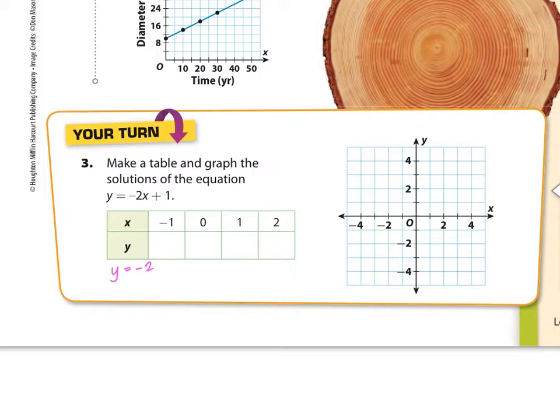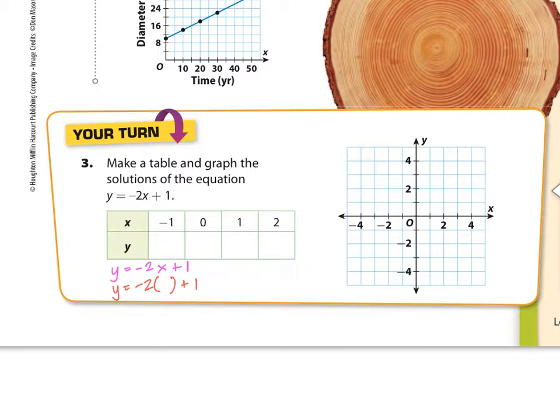So it's actually y equals negative 2 times x plus 1. So if x is negative 1 right here, then it becomes y equals negative 2 times whatever x is plus 1. So that blank that I have there in the parentheses is where I put the input.